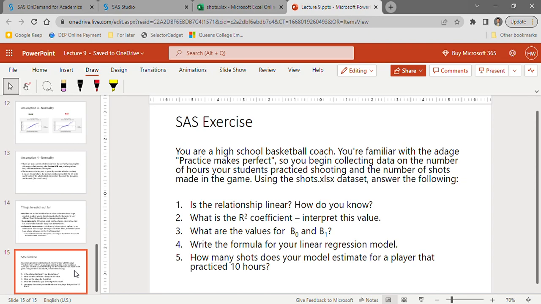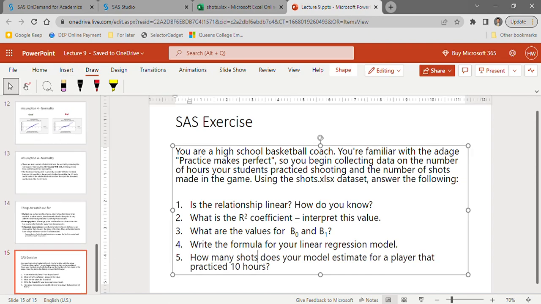How many shots are made for a player that practiced 10 hours? That's the question that we're going to go through in this lab exercise.